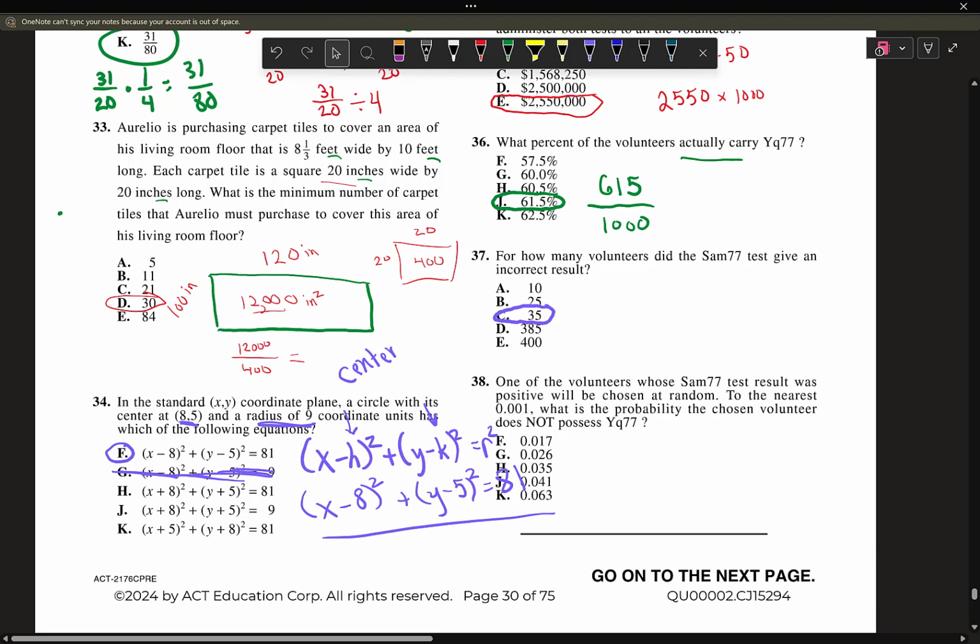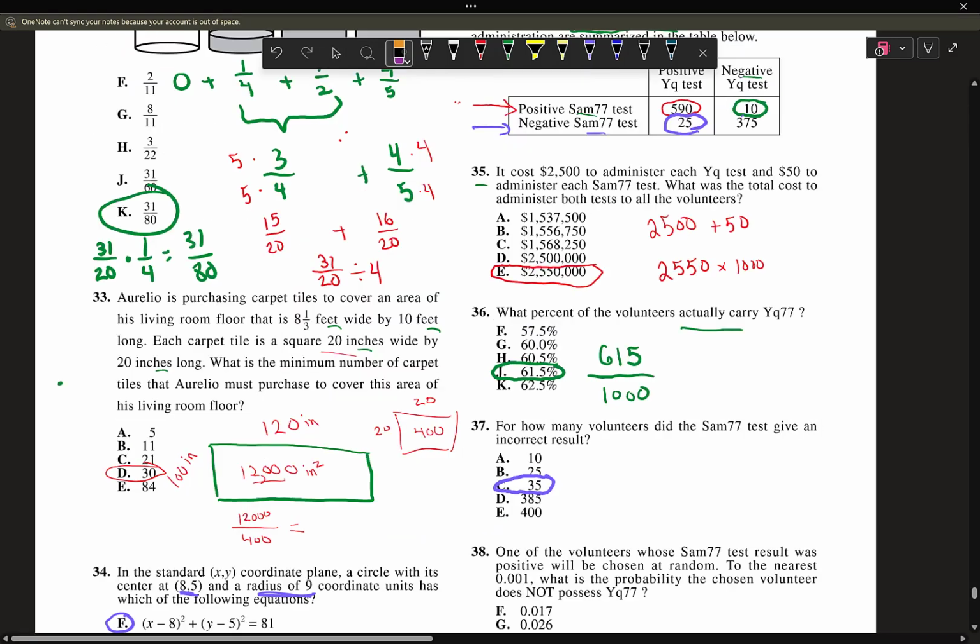Finally, one of the volunteers whose SAM-77 test result was positive will be chosen at random. To the nearest 0.001, what is the probability the chosen volunteer does not possess YQ77? All right, so I'm going to delete my past work.